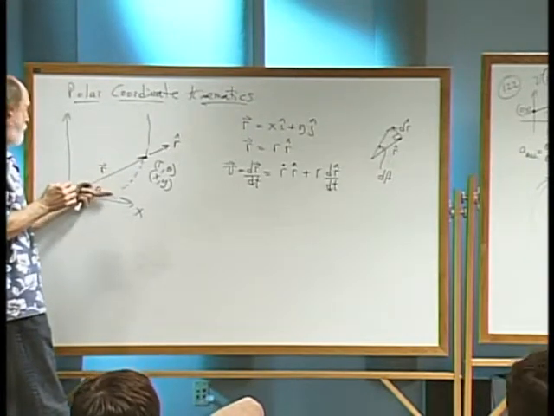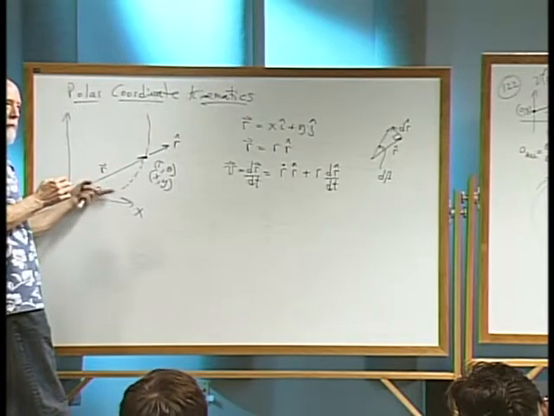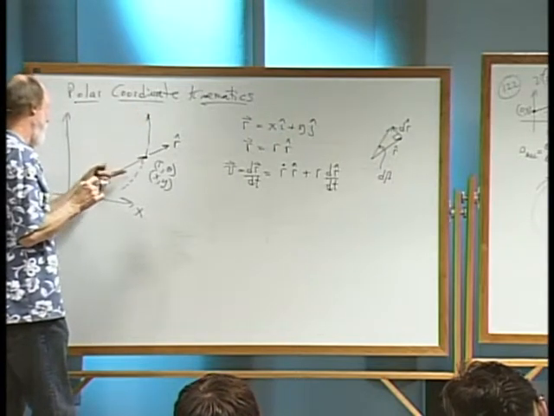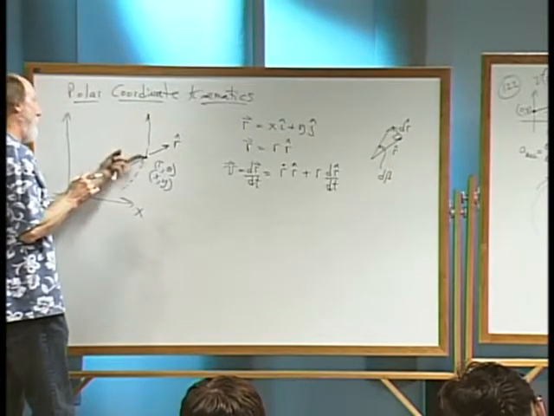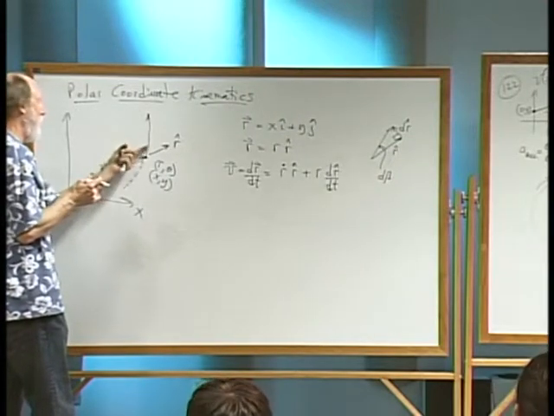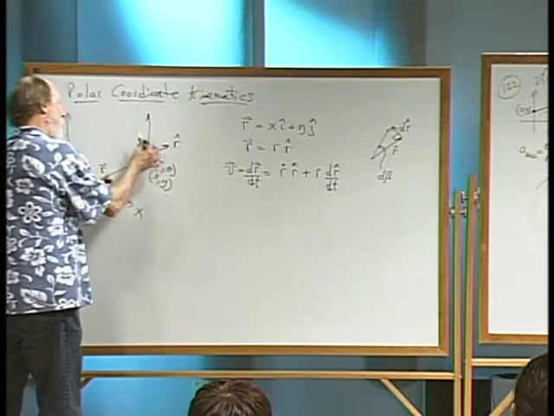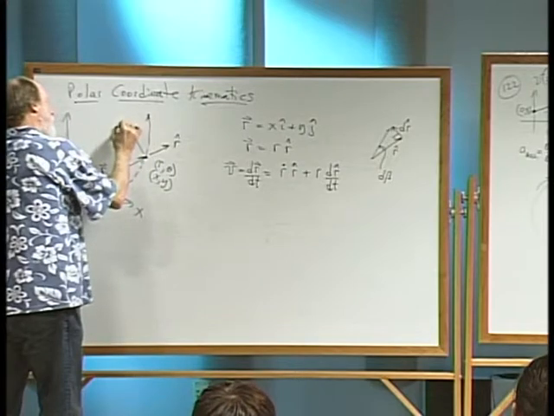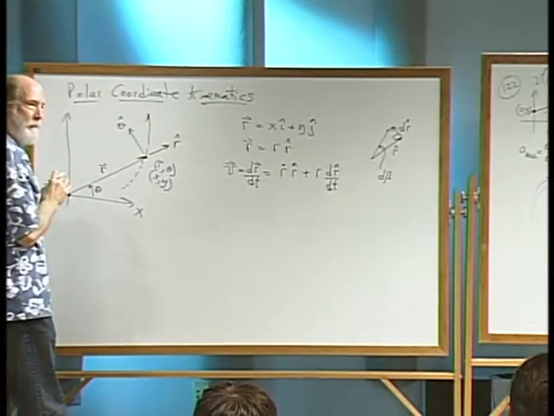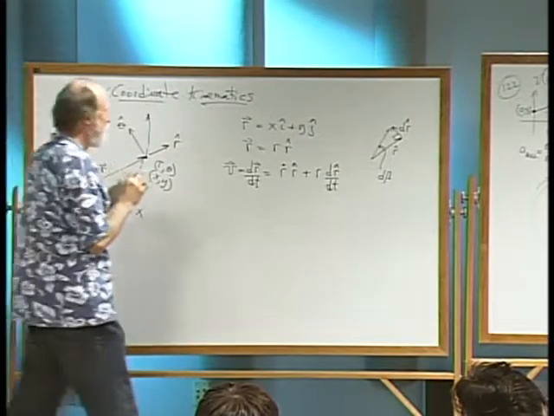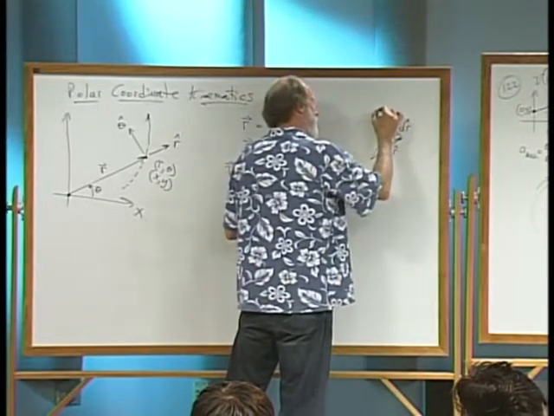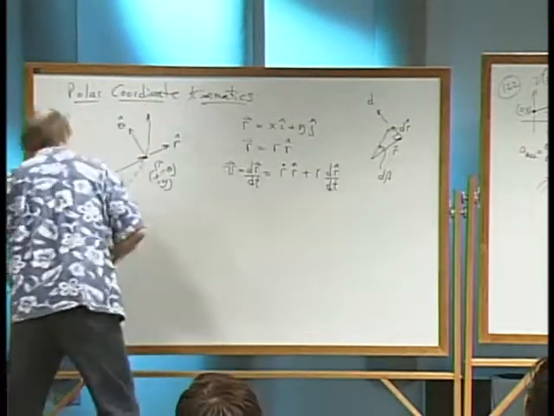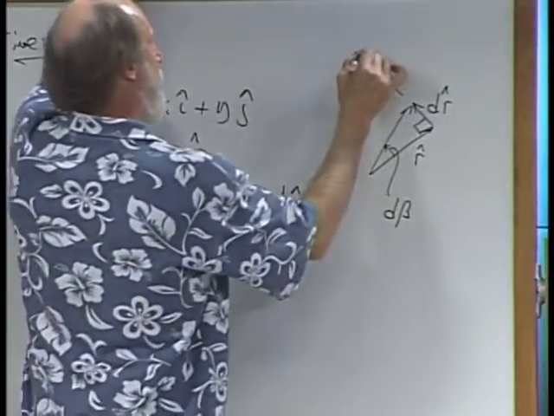I've defined counterclockwise as increasing theta, and if I let the particle move along a path in that direction, then as I move through a differential angle change, d beta or d theta, I could call it d theta as well, then in the direction normal to r hat is a vector that we're going to define as a unit vector called theta hat. So the direction of this dr hat is this way, and that direction is theta hat.